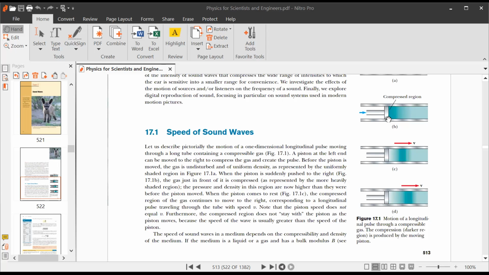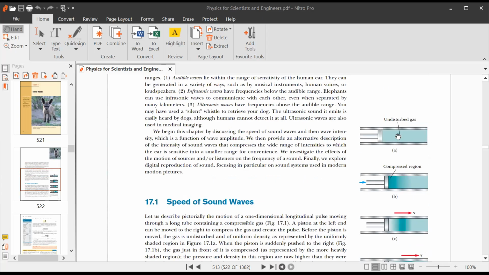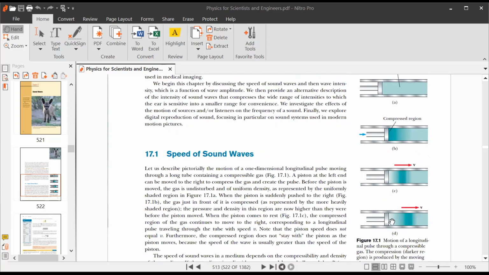For example, this is the light green and this is the dark green. This dark green will move away to the right with speed v. And when you move this piston and repeat like before, you get what I told you in the beginning of the lecture today.